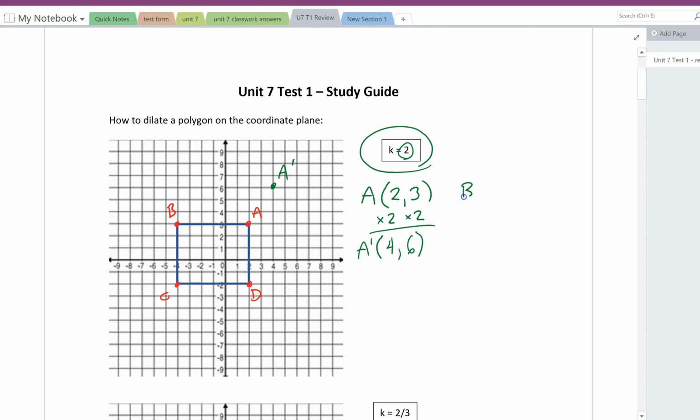Do the same thing with B. B starts out at -4, 3. If I multiply both of those by 2, B prime is going to be at -8, 6. Do the same thing with C. C is at -4, -2.